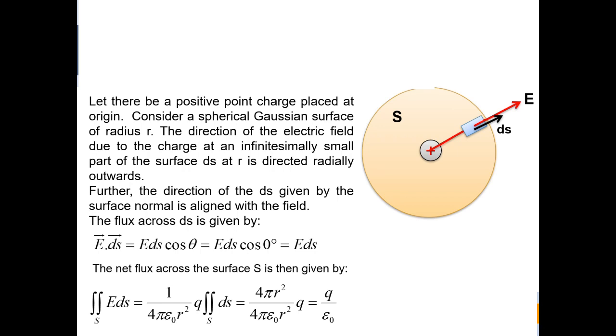The loop integral of ds would actually be the complete area of this sphere of radius r, which is given by 4 pi r square. If you factor out the common terms in the numerator and the denominator, what you obtain is q upon epsilon 0. So that's the proof of Gauss law.